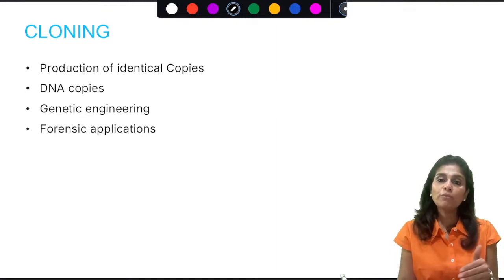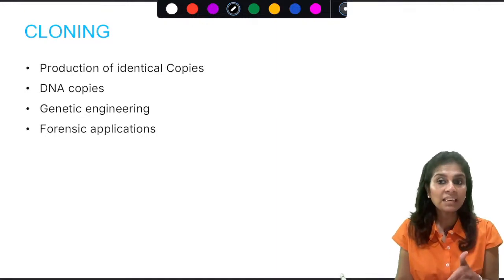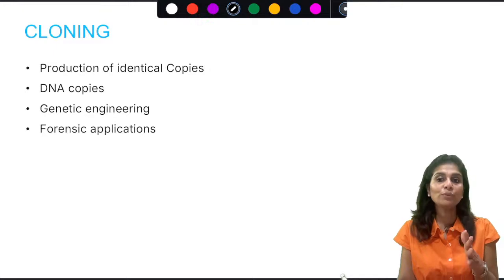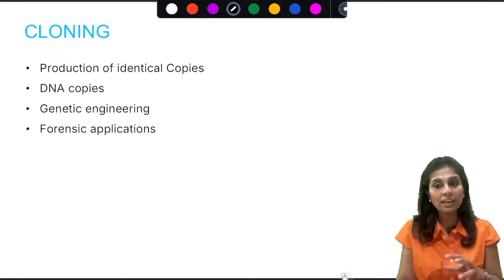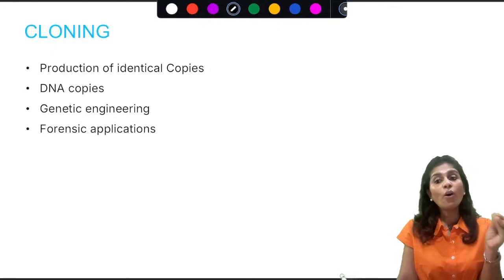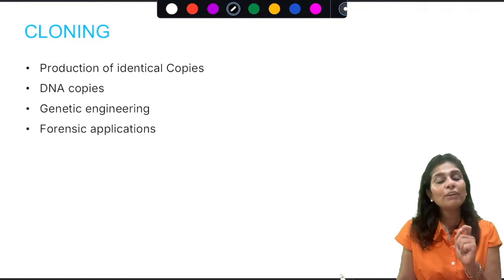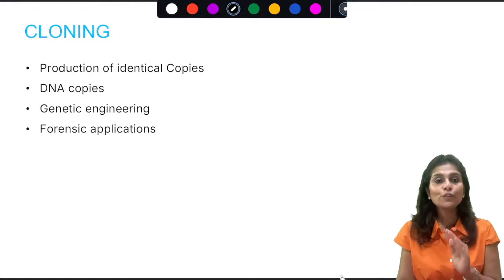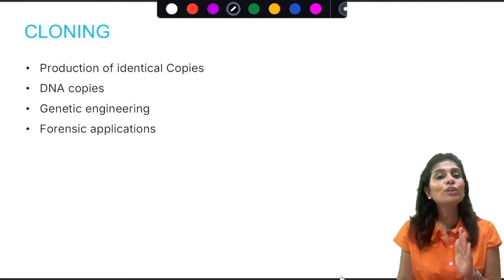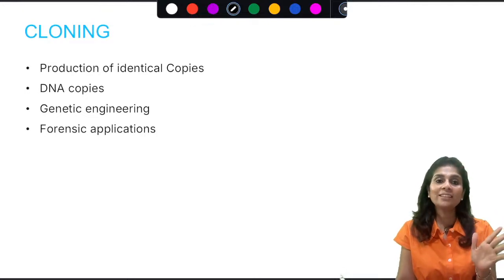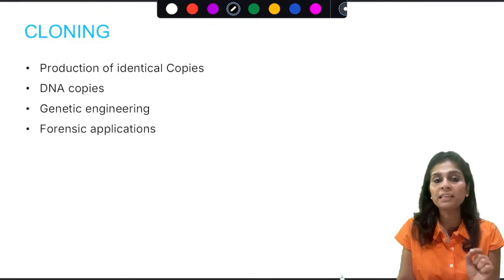And before you can perform any DNA fingerprinting technique, what you're supposed to do first is get multiple copies of the DNA from the blood sample or from the hair follicle. Then you can perform any DNA fingerprinting technique. So this is about where we are going to use cloning DNA. One is genetic engineering, the other one is forensic application.